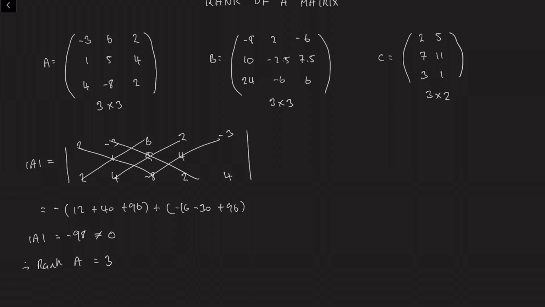So essentially the rule that I'm trying to show is that if the determinant of a matrix is equal to 0, this suggests that it's not a full rank.